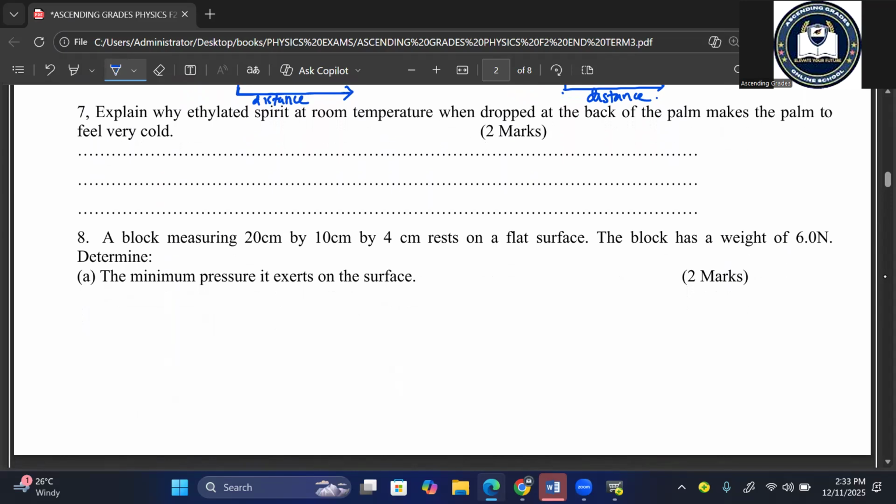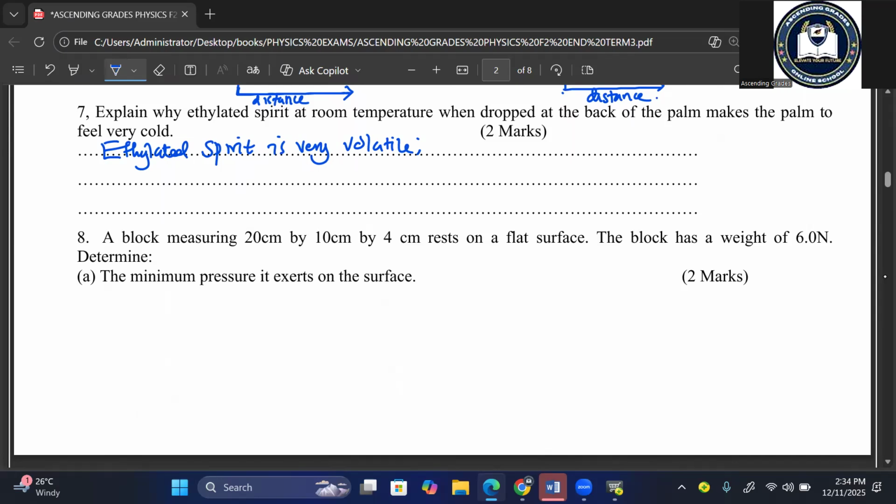So, ethylated spirit, or methylated, whichever the case, is very volatile. Volatile means that it can evaporate with a lot of ease, very fast.